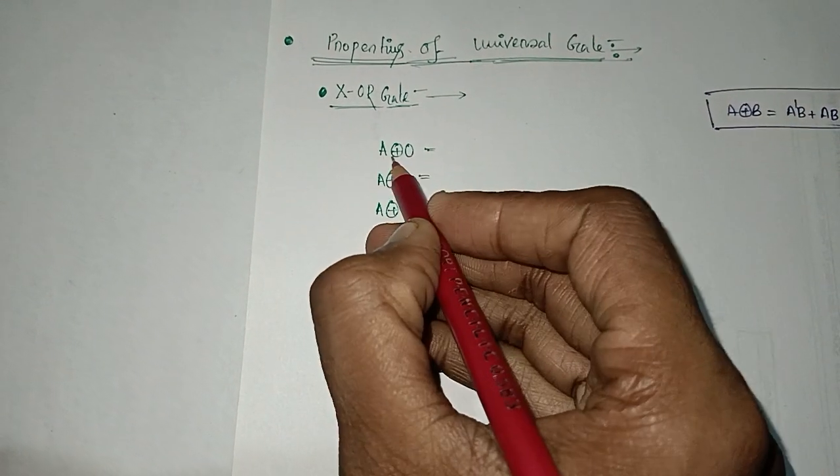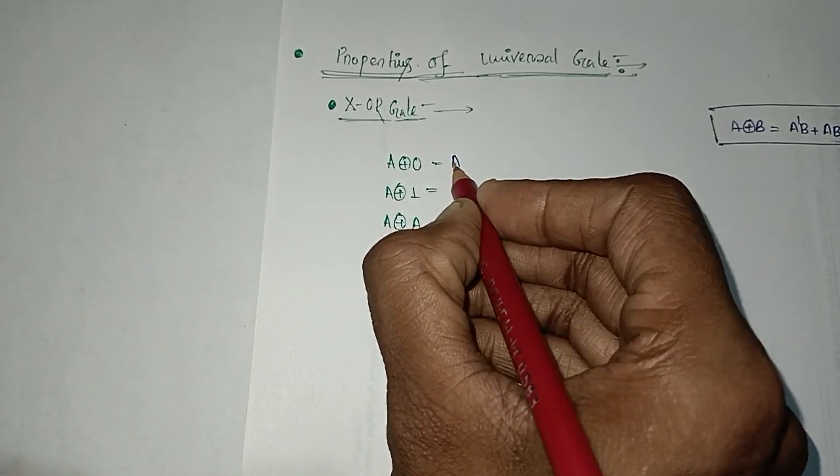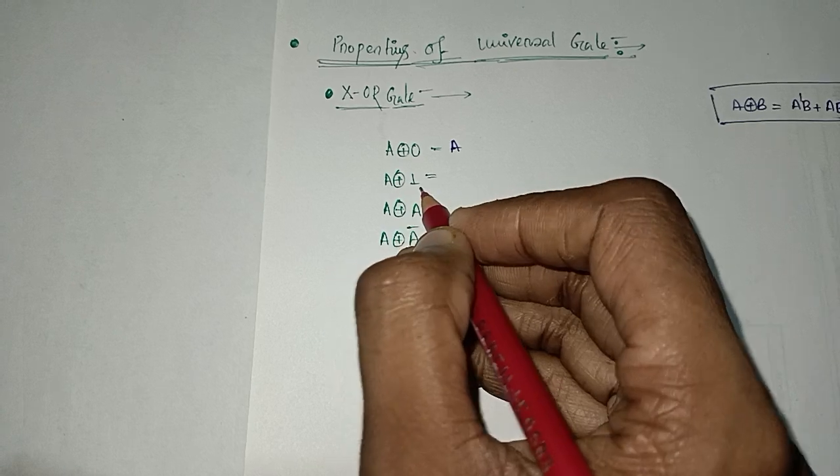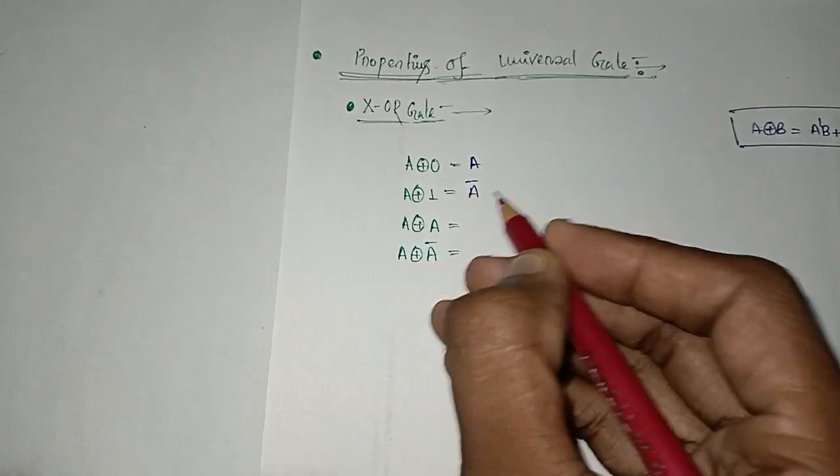If we XOR A with 0, we get the output A. If we XOR with 1, we get the output A bar.